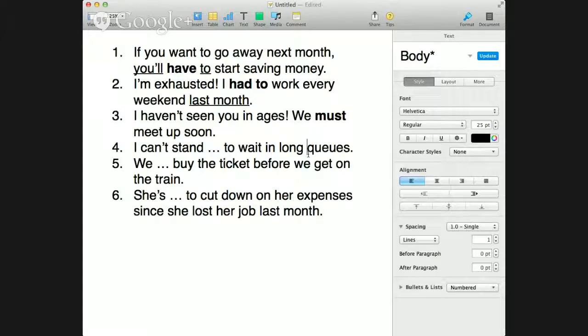True. If we use this, we must meet up soon, it's like you're saying, I really want to meet up soon, so that's what I'm going to tell myself. You could also use we have to meet up soon in this situation, but it would be more like imposing the obligation on both of you. So with using must, you take it upon yourself a little bit more to organize some kind of a meeting up, okay? Well done.